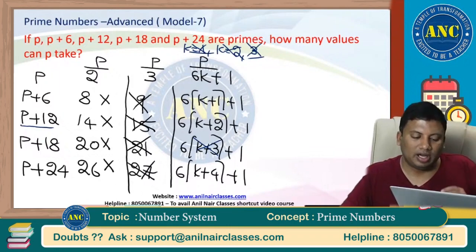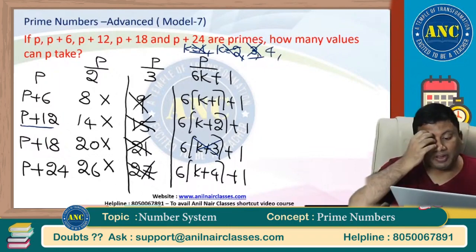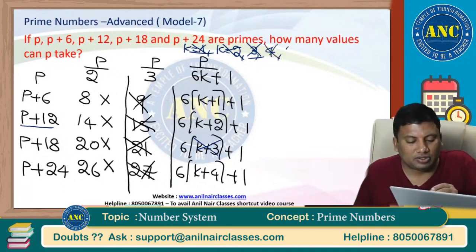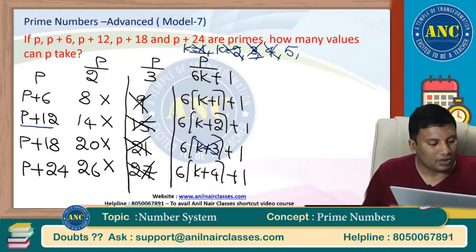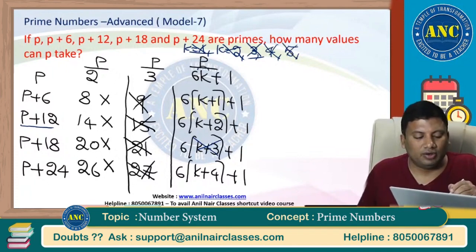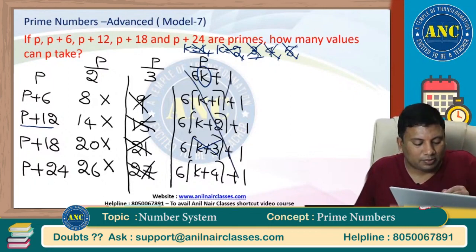Not possible. I hope the idea is clear. K is 4. If I put k equal to 4, 25, it is not possible. k equal to 5, 31. 31 plus 24, it is not possible. I hope it is clear. So k can take the values 1, 2, 3, 4 or 5. In none of the cases is it possible.